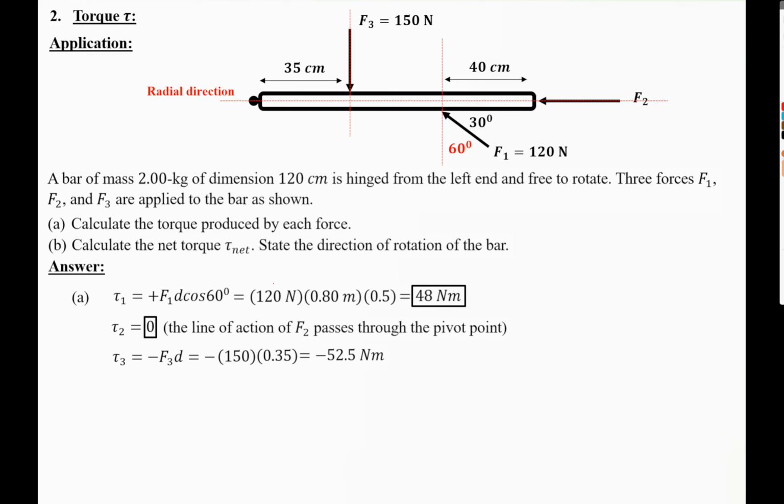Then let's represent the pull of gravity. Since we're assuming a bar which has a uniform mass distribution, although it's not stated explicitly in the exercise, but we're making this assumption, the pull of gravity would be acting on the center of mass, which is located at the center of the object, 60 centimeters away from the pivot point, or 0.6 meters.